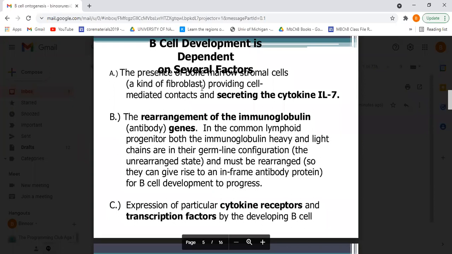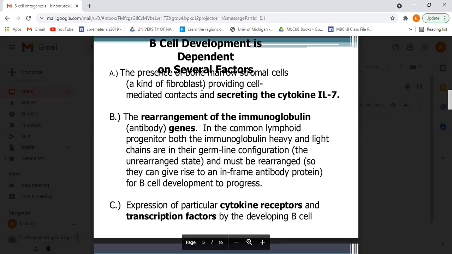Number one, there must be the presence of bone marrow stromal cells. That is a kind of fibroblast that provides cell-mediated contacts and the secretion of cytokine interleukin-7. So the presence of these stromal cells is very important because it provides certain functions that help the B cells to begin the maturation process.